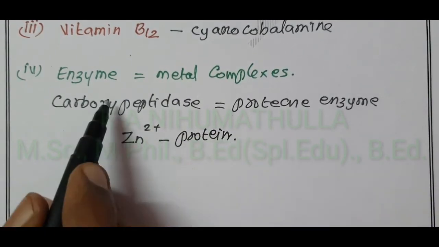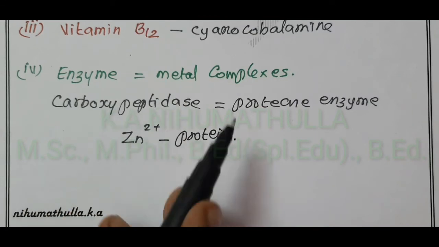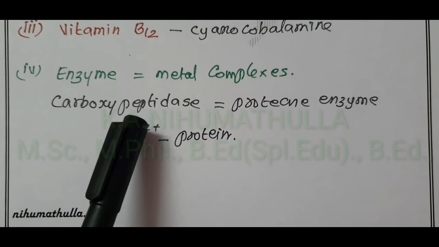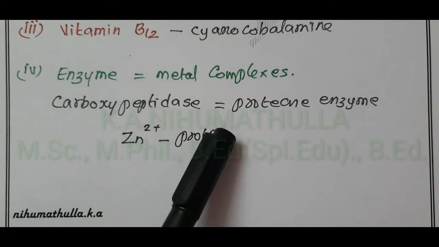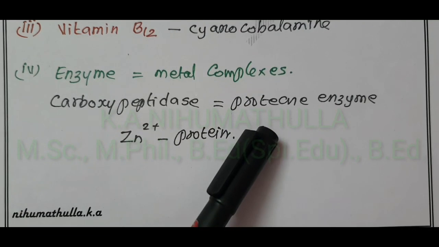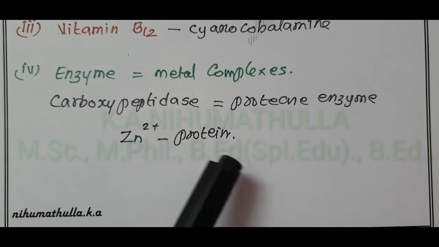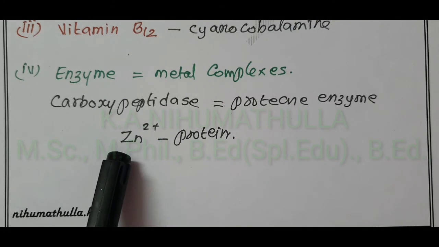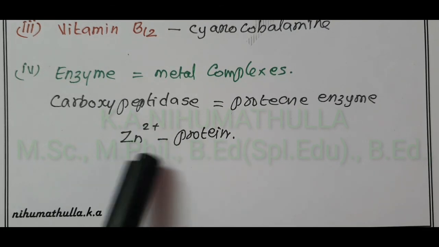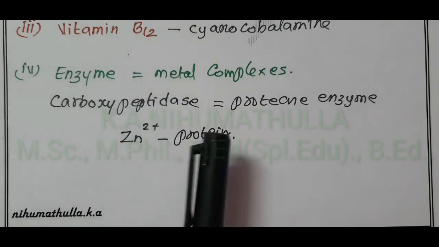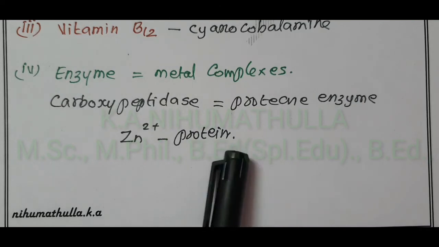So most of the enzymes are metal complexes, coordination complexes. For example, carboxypeptidase is a protease enzyme, a hydrolytic enzyme important for digestion, containing zinc coordinated to the protein. So these are the biological systems containing coordination compounds.